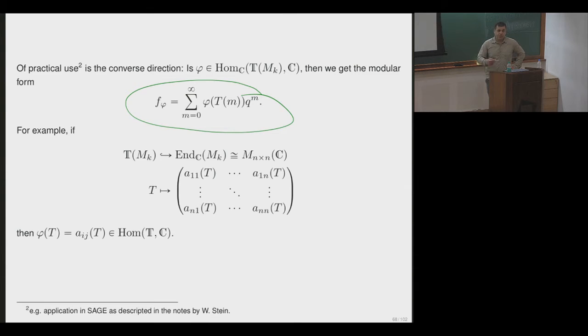And this allows you to calculate the coefficients of these modular forms. So you can use this Hecke algebra algorithmically to produce modular forms. And this is due to this non-degenerate pairing. And you can get a basis for the space of modular forms because Hecke eigenforms give you a basis to the space of modular forms.